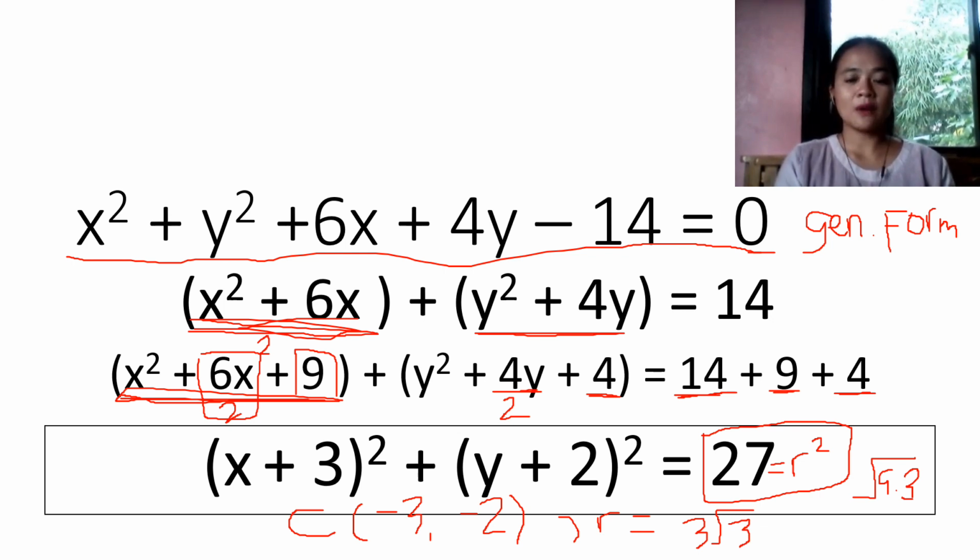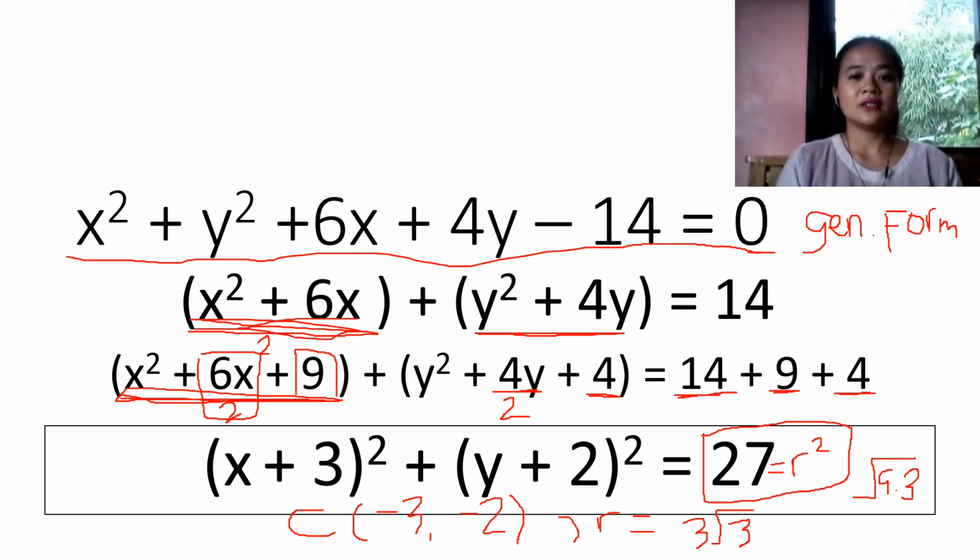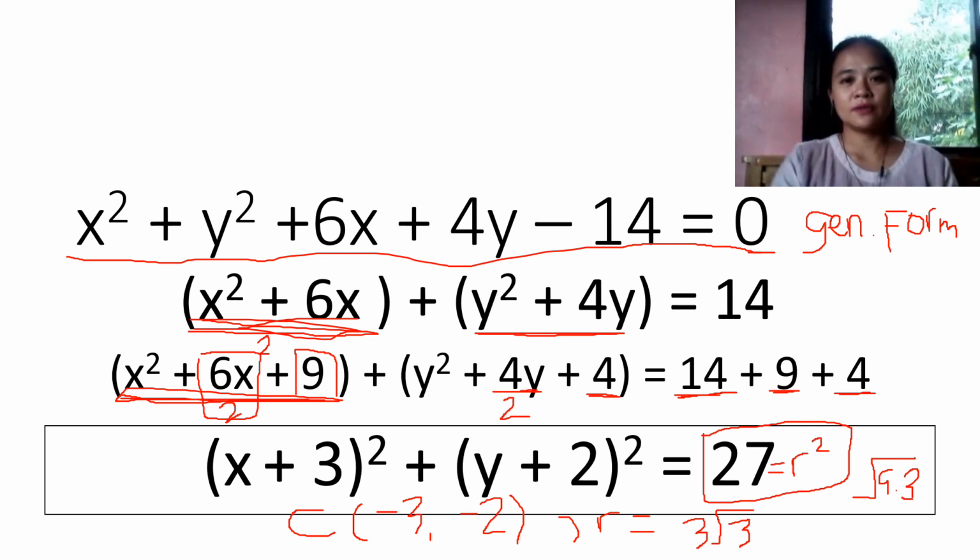So that is how we get the standard equation of a circle, in general form, and using the vertex form of the circle. So I hope you learned something in determining the equation of the circle. Thank you and goodbye.